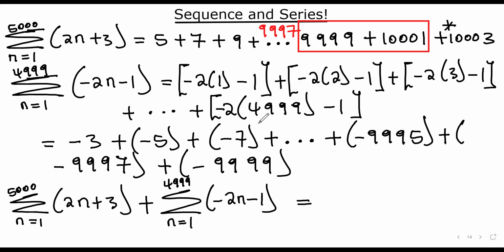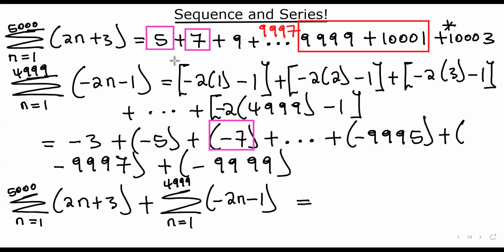In this sequence, 7 is positive, but in the other sequence, 7 is negative. So if you add those up, you get a 0.